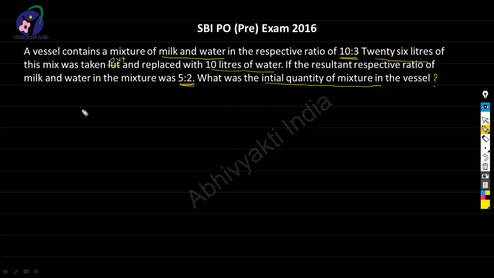Now here the given ratio of milk and water is 10:3. So first let the quantity of milk be 10x and the quantity of water be 3x.